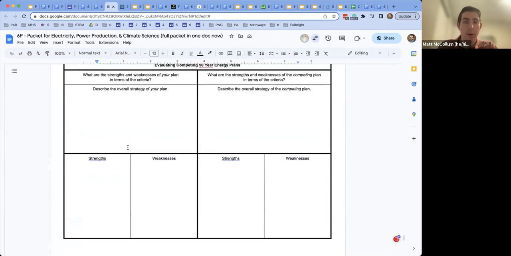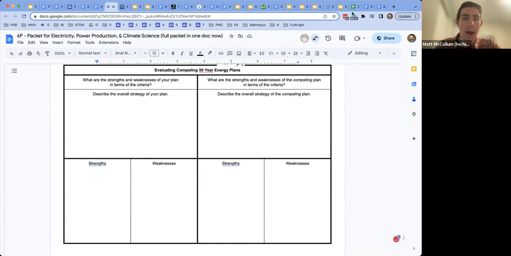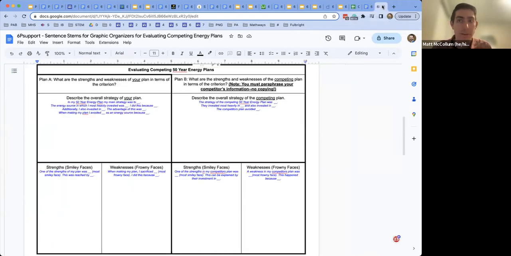This is just the graphic organizer. I will print the support packets and either give that to everybody or give that to students who I know will need them. And it has some example support sentences within there. So when they're talking about their plan or the competing plan, it gives them some support in writing that and really thinking through how that goes.